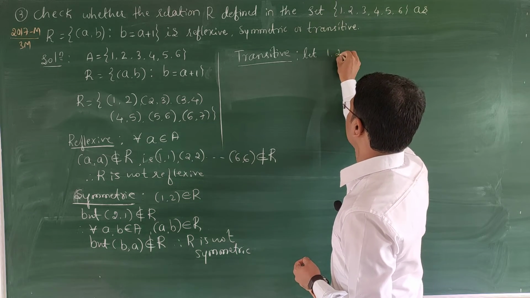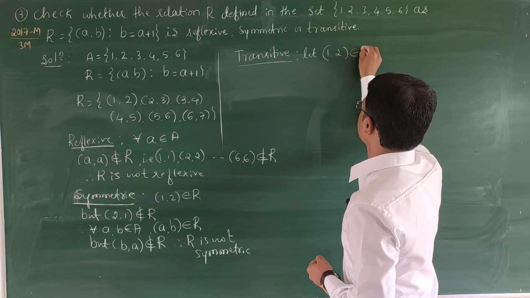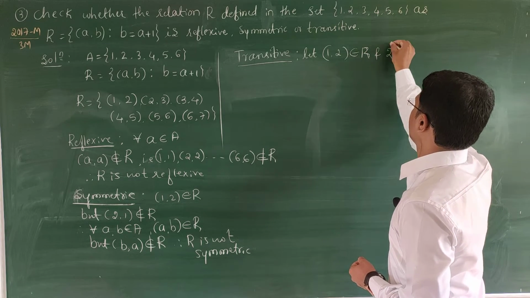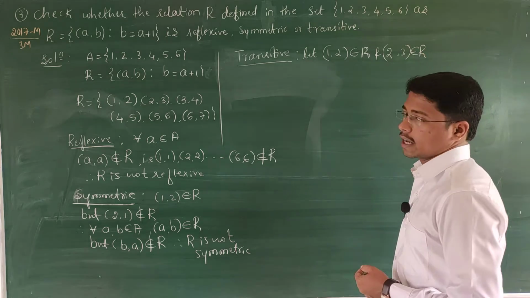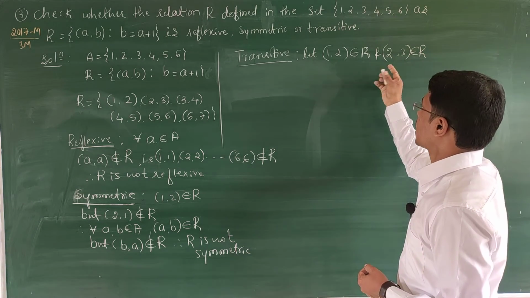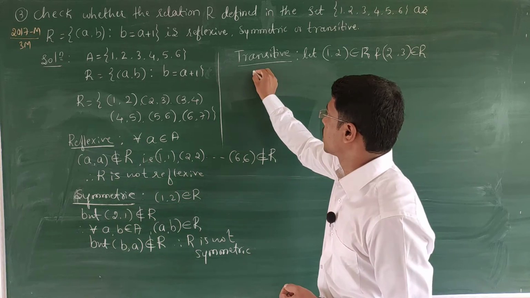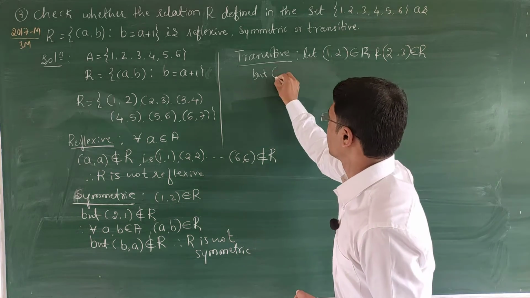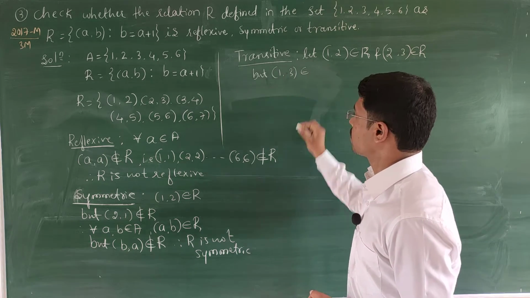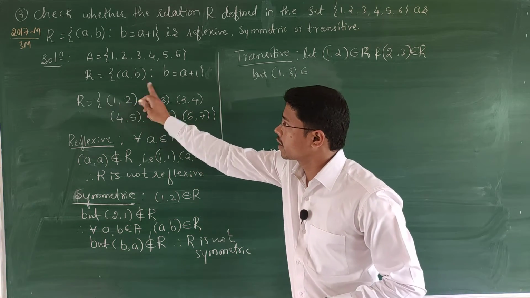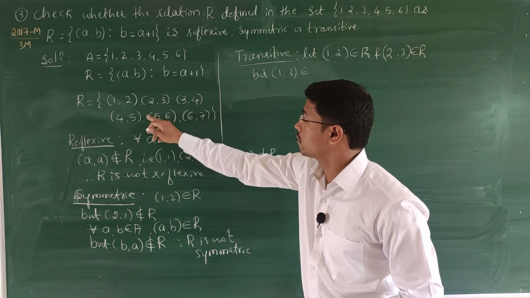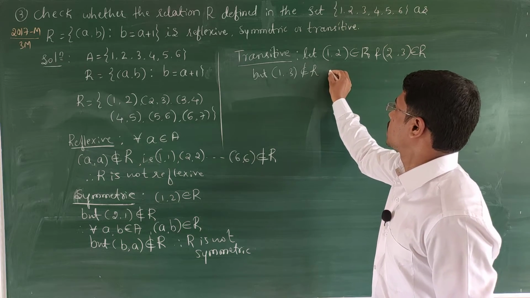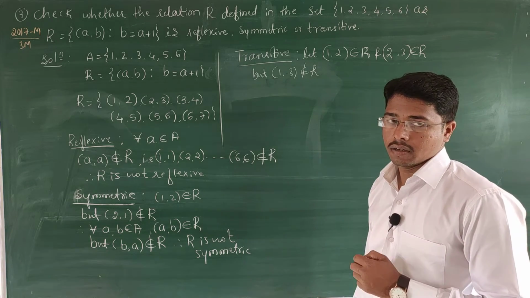Let (1, 2) belong to R and (2, 3) belong to R. But see (a, c), that is (1, 3). Is there (1, 3) in the relation R? We have (1, 2), (2, 3), (3, 4), but (1, 3) is not there. Therefore, it doesn't belong to R.